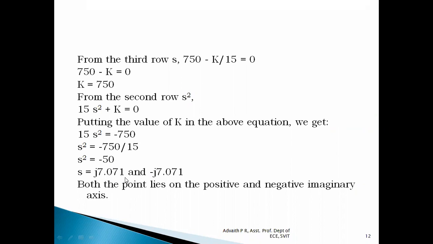We'll be getting two values of s because we have an s square term over here. J 7.071 is one of the values, and the second value is minus j 7.071. Both of these points lie on the imaginary axis, so this is the intersection point of the root locus with respect to the imaginary axis.